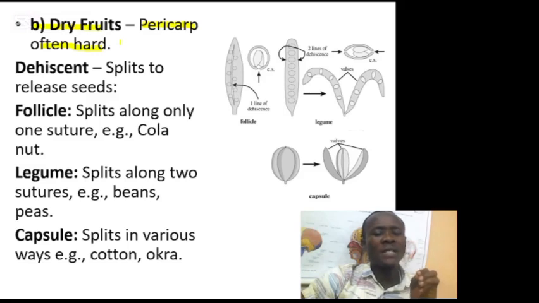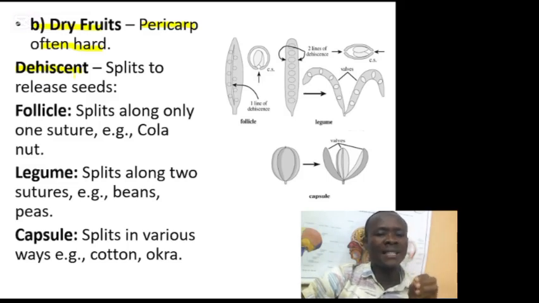So we have two types of dry fruit. We have dry dehiscent fruit that have to split in order to release the seed, and we have dry indehiscent fruit that will not split in order to release their seed.